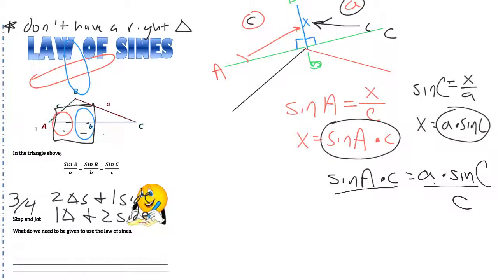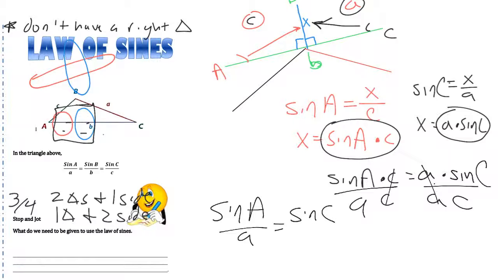If I want to get the a to the other side, I could divide this side by a and this side by a. So I end up with sine of angle A over side a equals sine of angle C over side c, which is just the law of sines. So this is why it works and how they derived it. We don't need to know all that necessarily. We just need to know this formula.